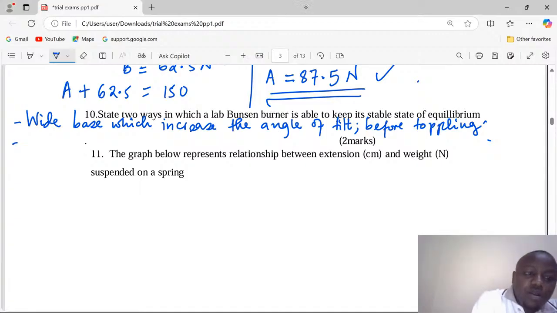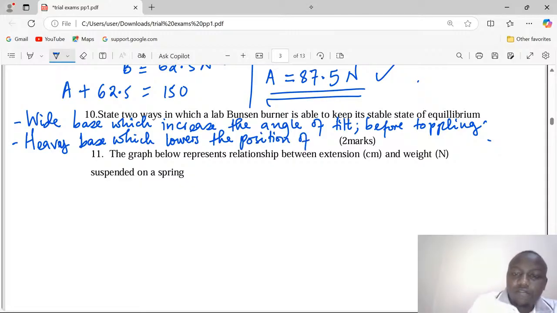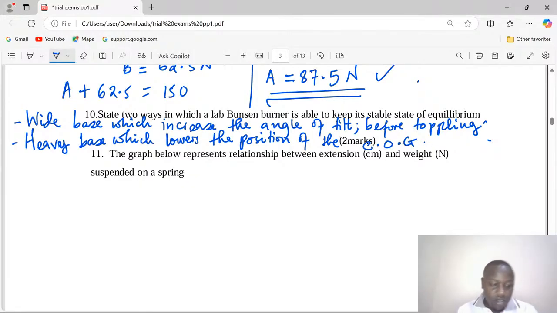Then there is also the heavy base, which lowers the position of the center of gravity of the whole apparatus.